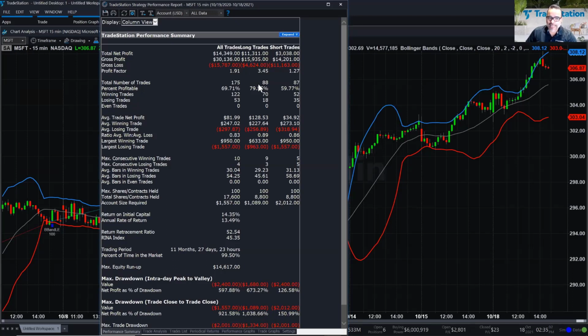In addition to looking at the profit factor, take a look at the total number of trades. Here I have 175 trades. You want to make sure that you have a back test that has enough historical trades to be statistically significant, because you don't want to rely your performance on only a few trades.